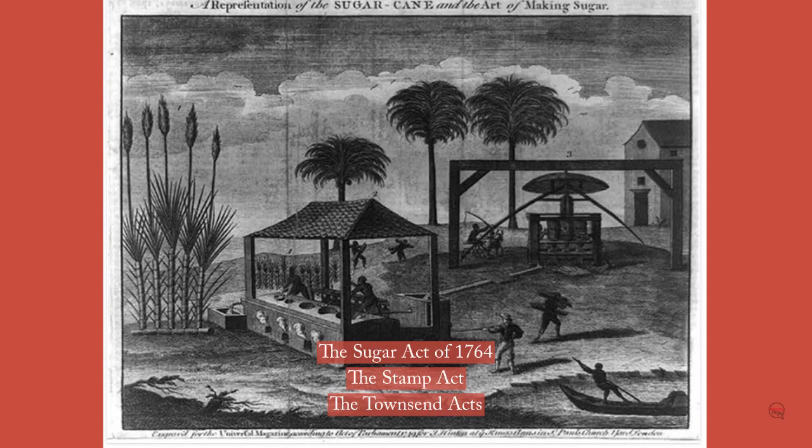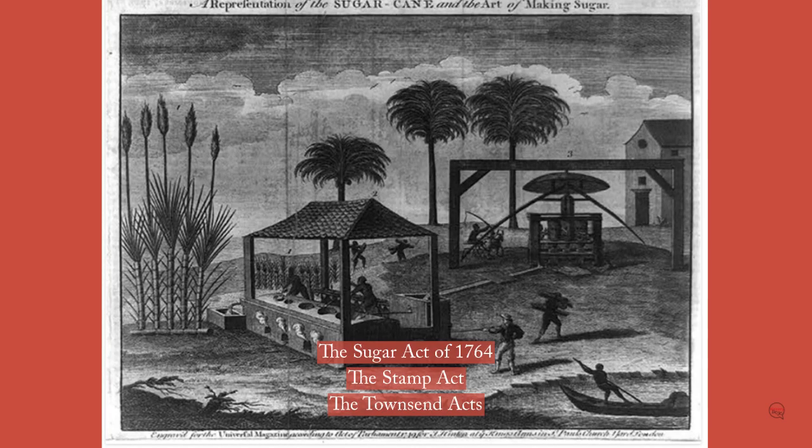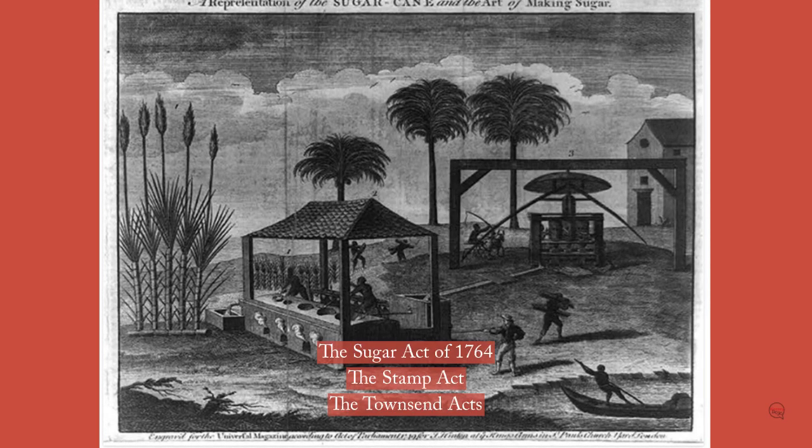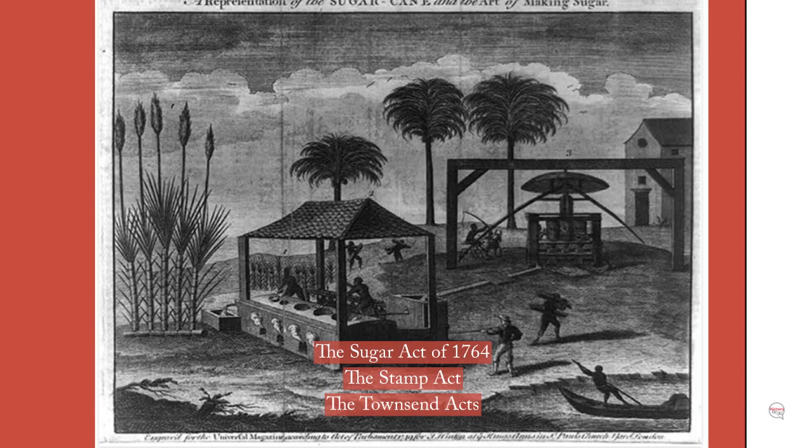They passed a series of taxation laws to collect money to support the defense and maintenance of the British colonies in the New World. Among these were the Sugar Act, the Stamp Act, and the Townshend Acts.